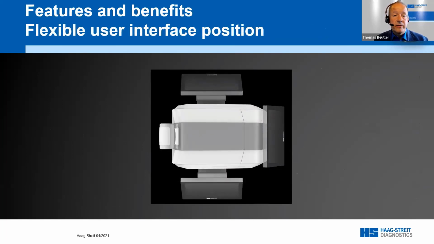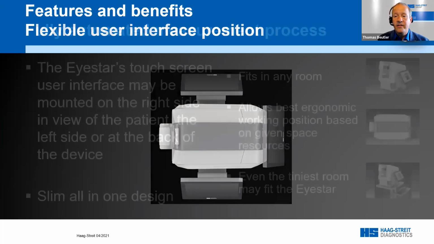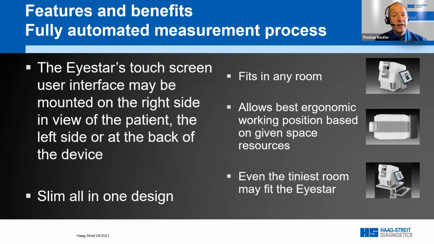Then another advantage of the Eyestar is that the user interface can be switched from the patient's view from the right-hand side to the back or to the left side even. This helps us to accommodate needs of your space restrictions. If you have, for example, a room where you don't have the space to be at the side of the device, we can move the screen on the back side, or we can move it on the opposite side again.